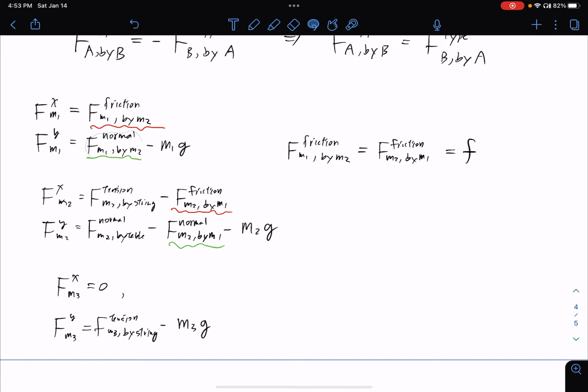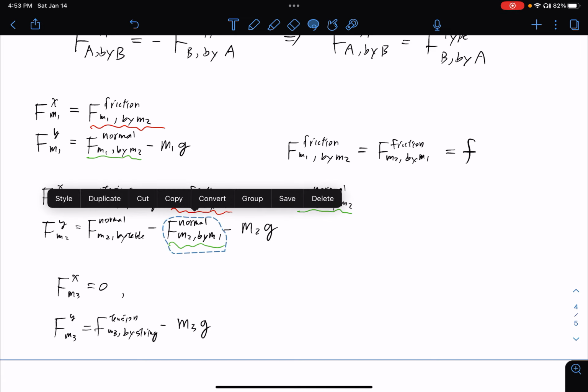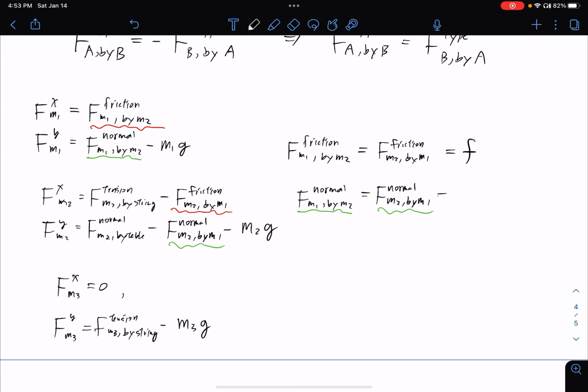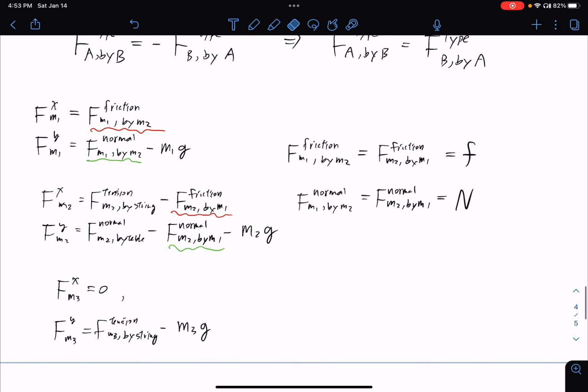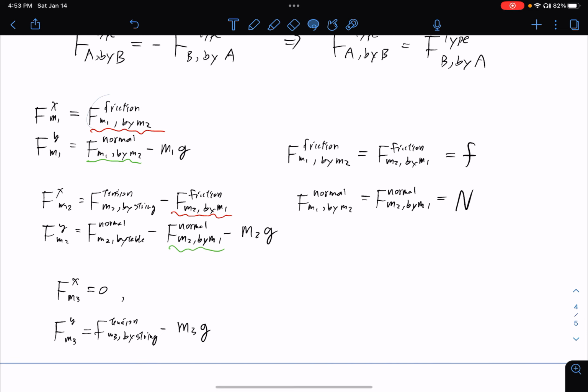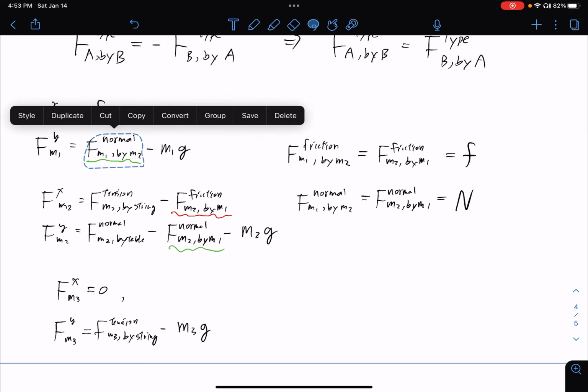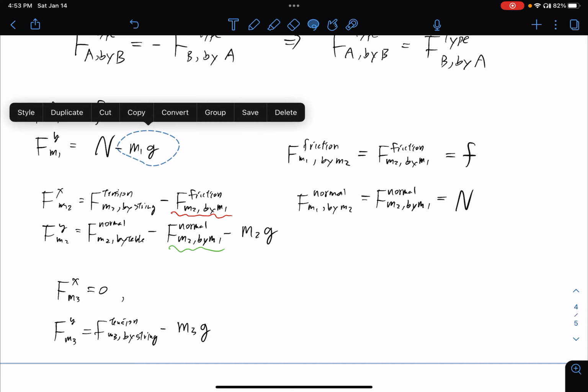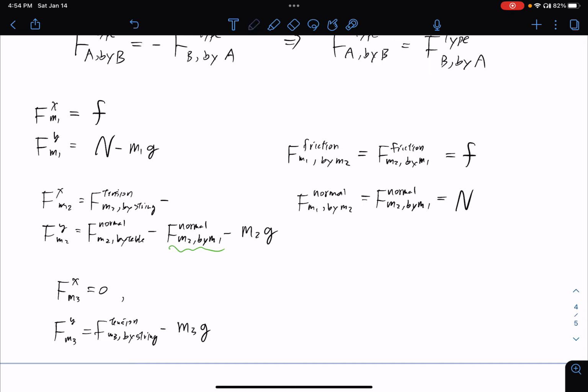Similarly, we can just call the normal force capital N. So these two should be the same, and let's just call it capital N. And then we can simplify our equation. This one will just be f. This one will just be N. And this one will just be f. And this one will just be N.